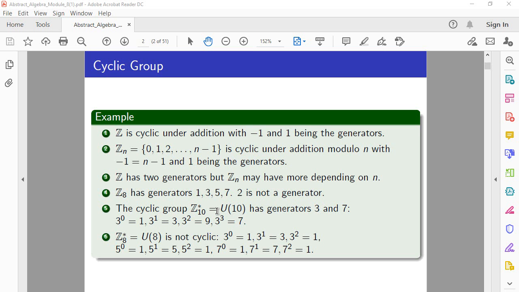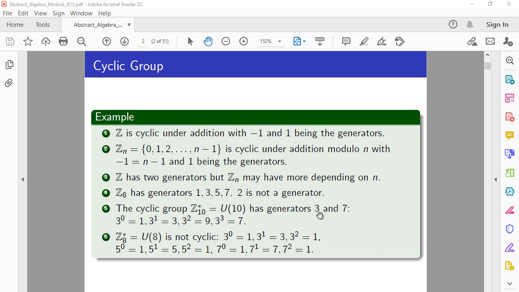Now notice that 7 is the multiplicative inverse of 3 in this multiplicative group. So 7 times 3 is 21, which modulo 10 is 1. So 7 is the inverse of 3. Like I said, if you have a generator, its inverse is also a generator. Now you can check that, I'm not going to take multiples of the generator because now it's a multiplication.